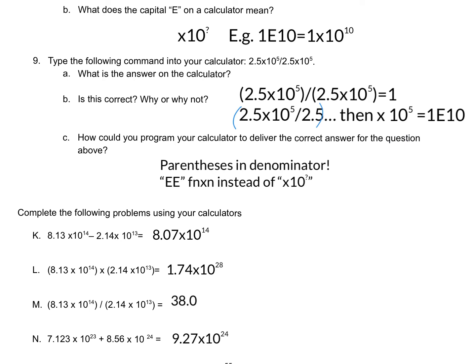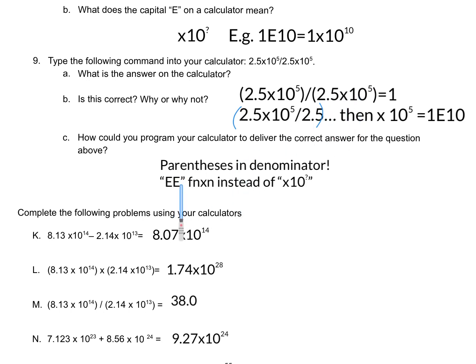So it's really important that if you have a large number in the denominator, like a number in scientific notation, if you are going to use this format, times 10 to the 5th, as the way you type it in your calculator, you really have to use parentheses in the denominator.